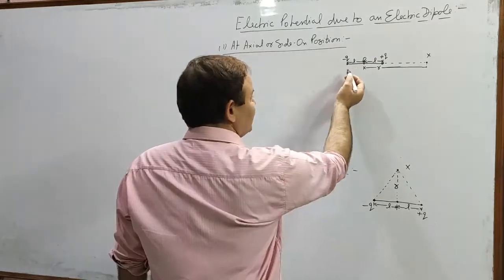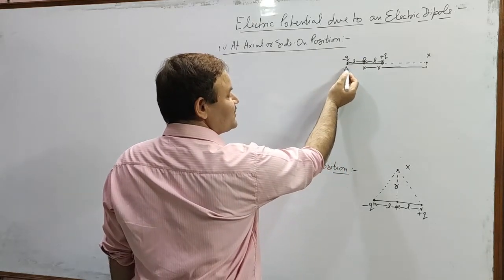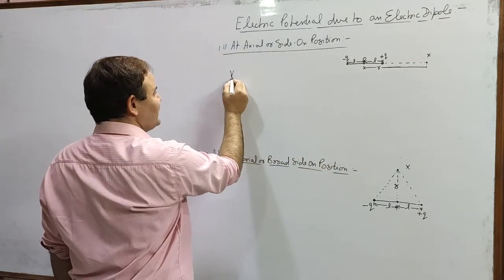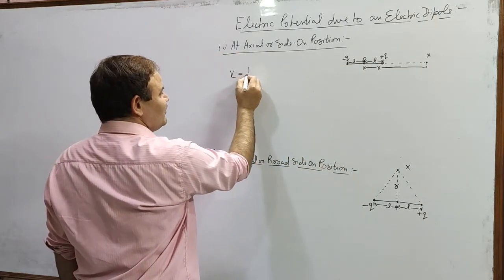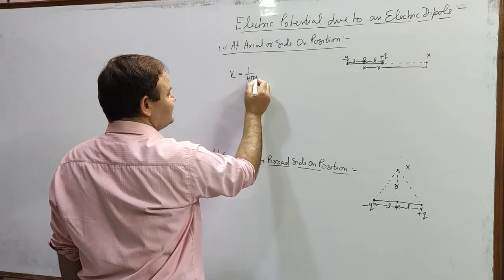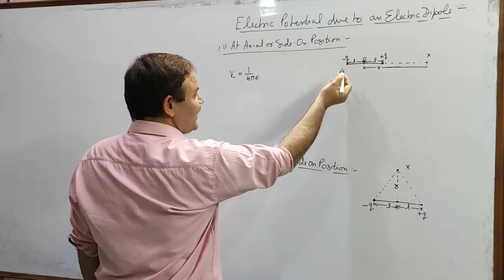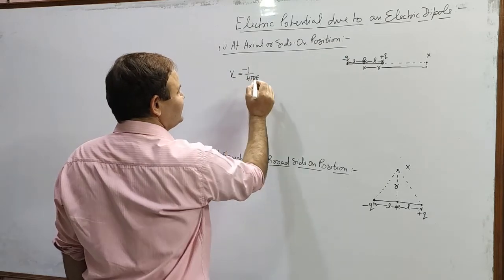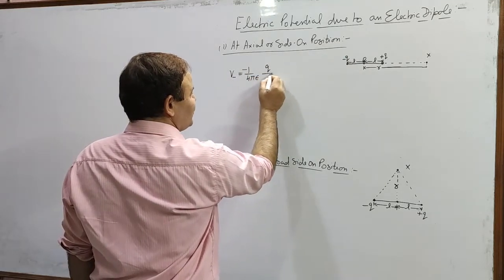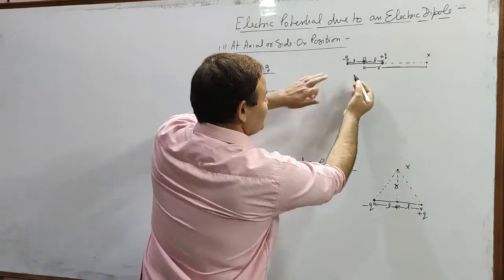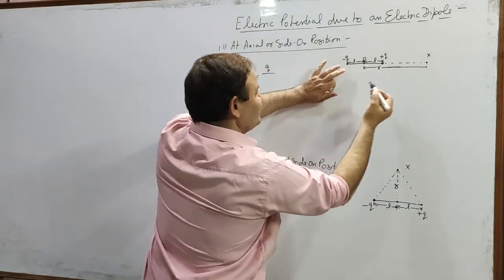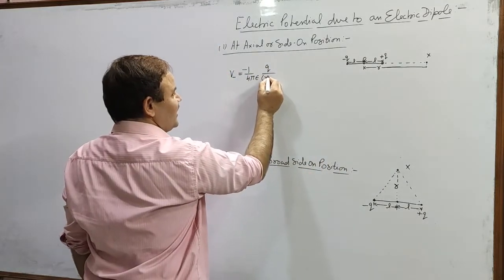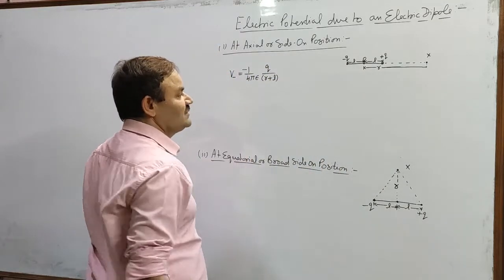If electric potential due to minus Q at the position of X, say V negative, will be 1 over 4 pi epsilon Q, and this time the charge is negative, so potential will be negative. Charge upon distance, and the distance of minus Q from X will be r plus l, so r plus l.